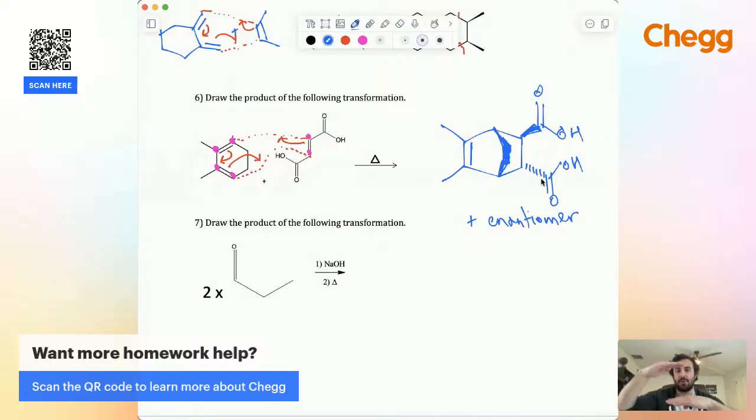And so as this approaches like this, there's favorable pi-pi interactions, as opposed to exo, which would be like this, where the functionality on the dienophile is jutting away from the diene. That doesn't give that favorable overlap that stabilizes the transition state. So typically endo is favored energetically, thermodynamically. There are counterexamples to that, however.